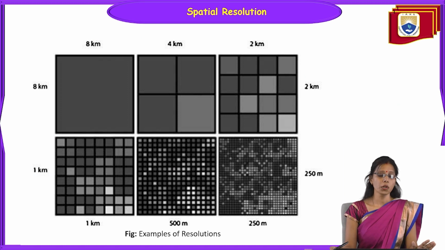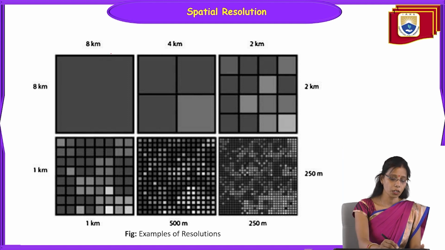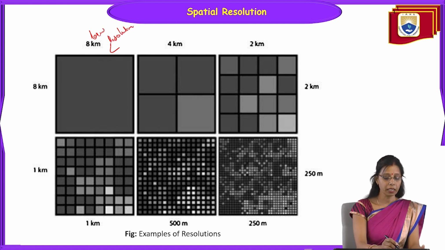Now see here, it's a clearer picture, as I was discussing. When you talk about 8 kilometer, as it is very low resolution, the pixel will be only 1 pixel.